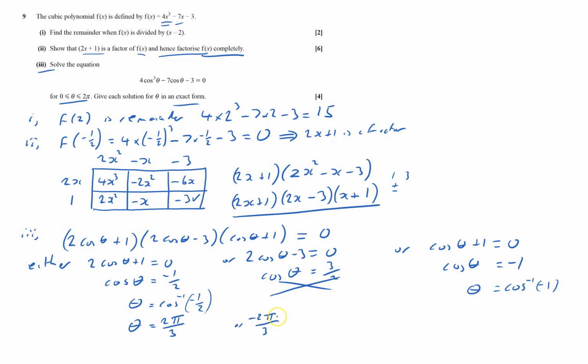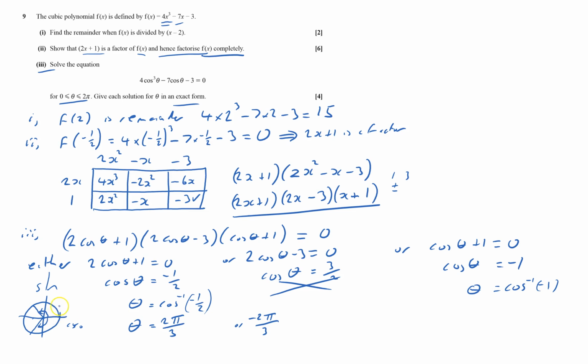When I've got cos, it's always going to be a positive or negative. That comes from the unit circle. That's sine going up this axis, that's cos. So if it equals negative a half, cos there, that could be my angle there, which is basically 120 degrees. Or I could get minus 120 degrees, but we're doing it in radians, so 2 pi over 3.